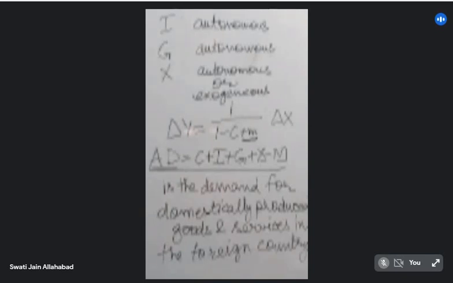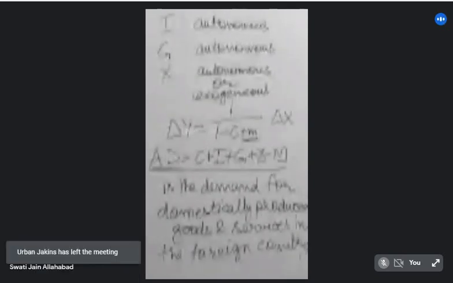Why is it autonomous? Because it depends on the foreign demand, and in your country, you cannot control the foreign demand. You cannot affect or decide the level of foreign income or preferences in the foreign country. So for now, we are assuming that export is autonomous.